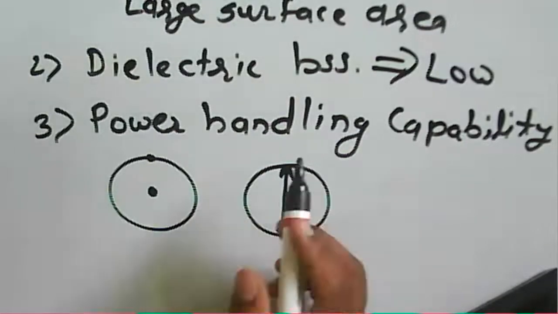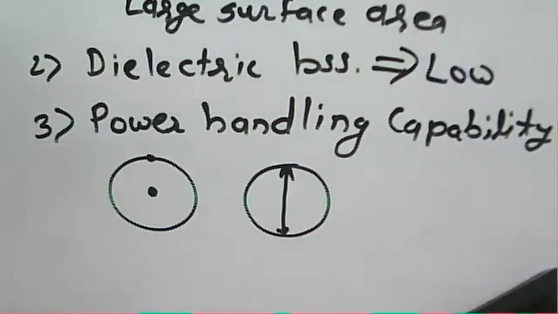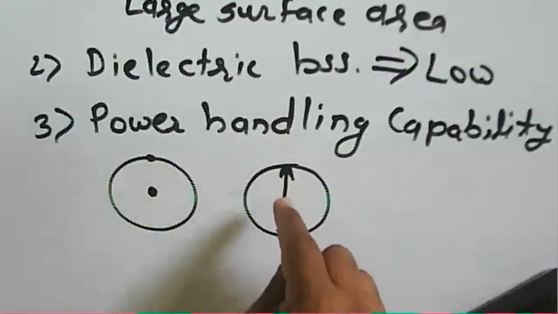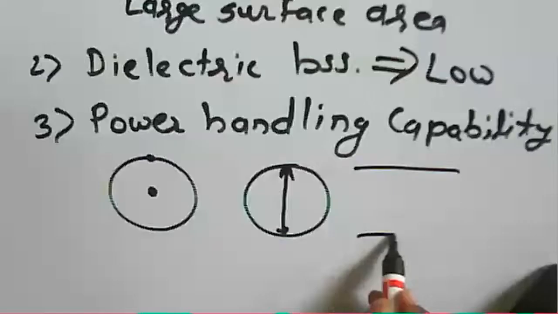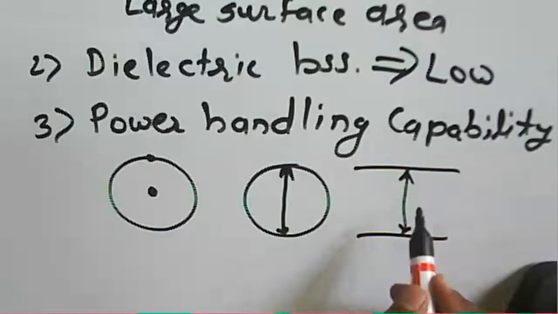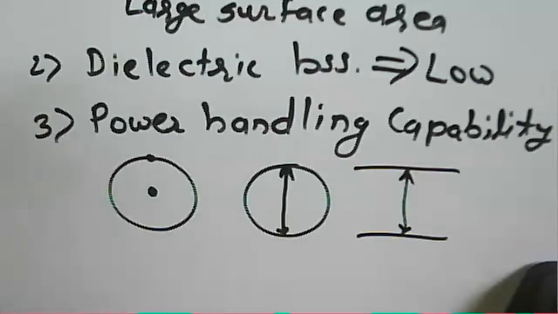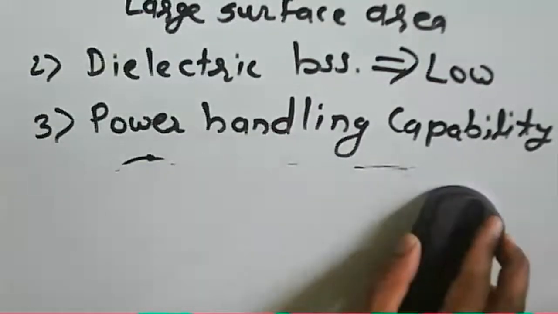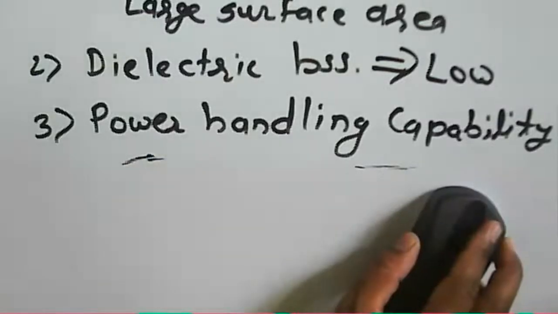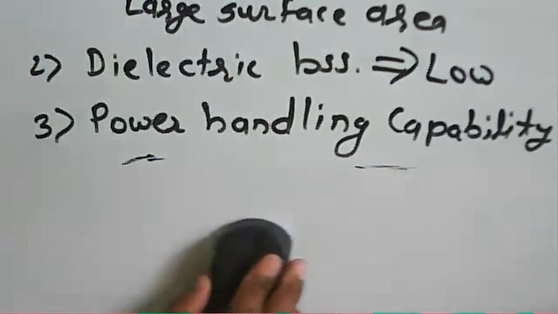So that's why the waveguide handles more power than the coaxial cable, because the distance between the conductors in a coaxial cable is small, but even in the rectangular waveguide it is large. Because of that, the power handling capability of this waveguide is large. So these are the advantages of a rectangular waveguide.